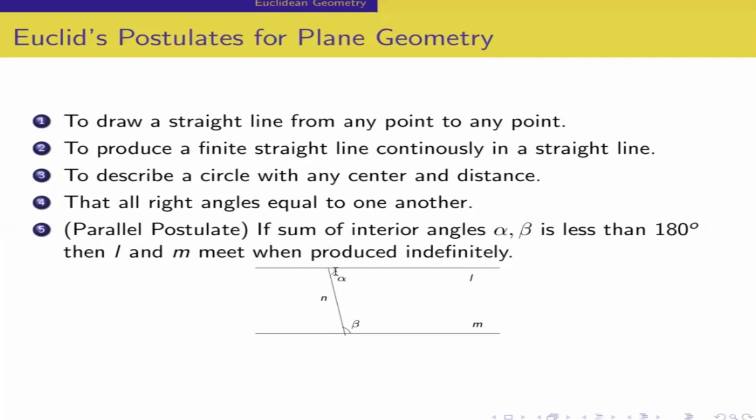If the sum of the interior angles alpha and beta is less than 180 degrees, then L and M meet when produced indefinitely. So L and M will intersect at some point if the sum of alpha and beta is less than 180 degrees.